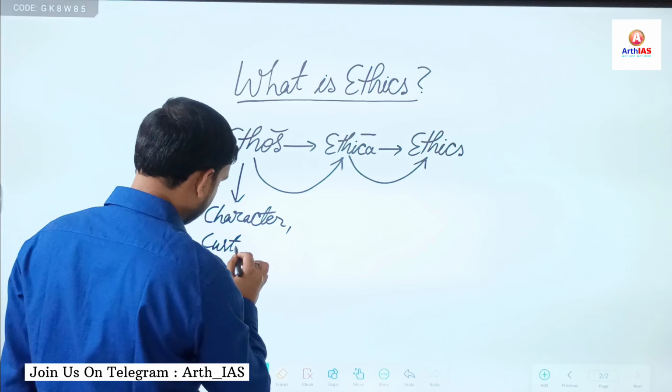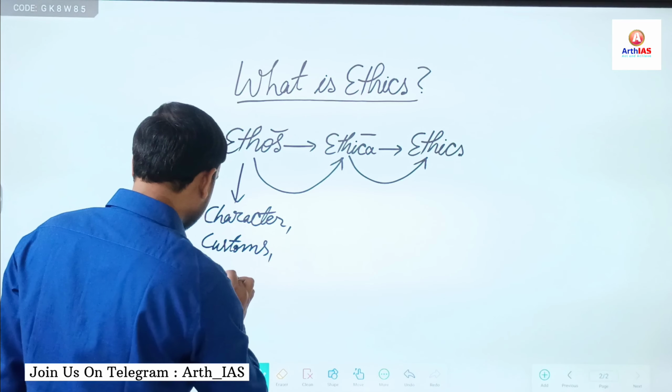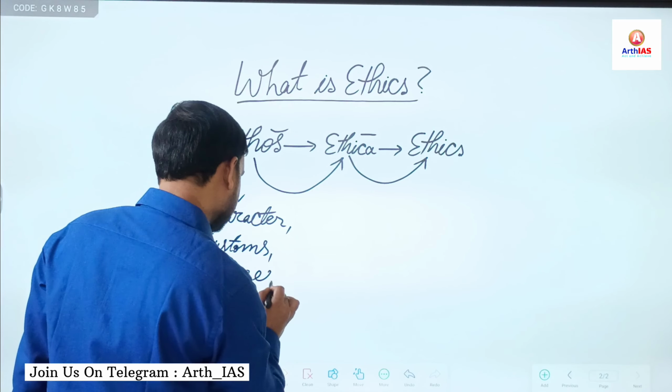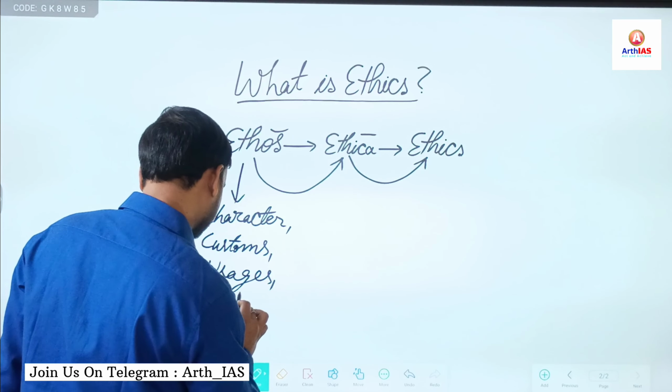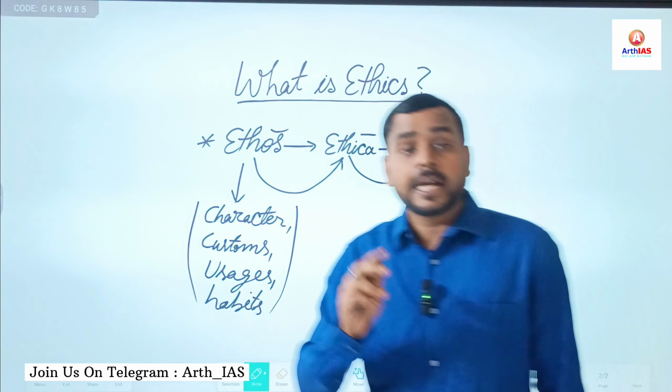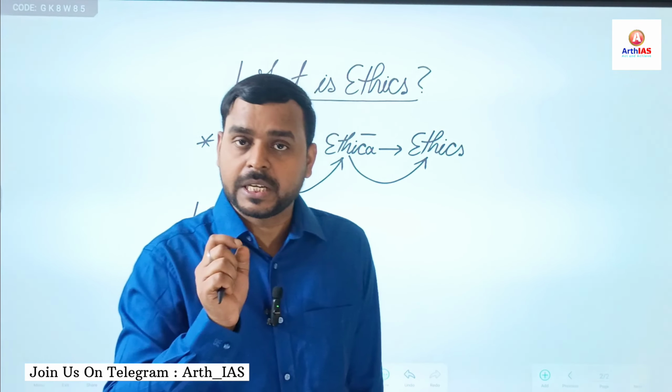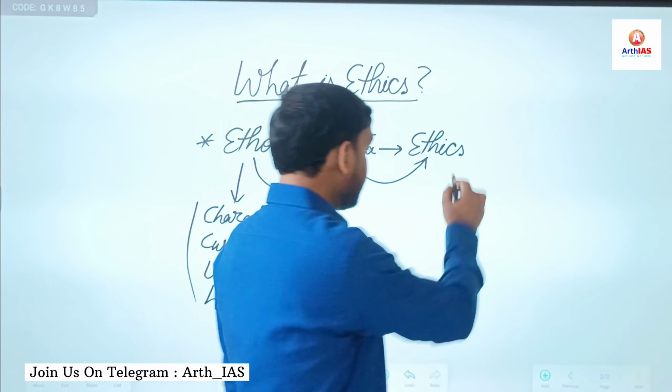customs, usages, habits. This is the meaning of ethos. Now, ethics is also called moral philosophy, right? And you must be knowing ethics is part of philosophy, and it is called moral philosophy, right?